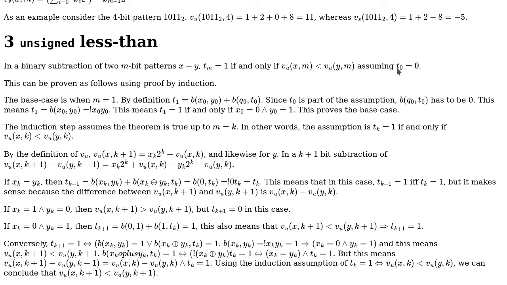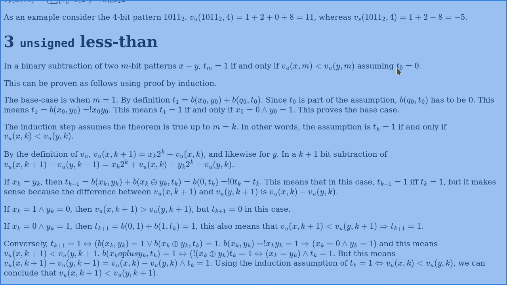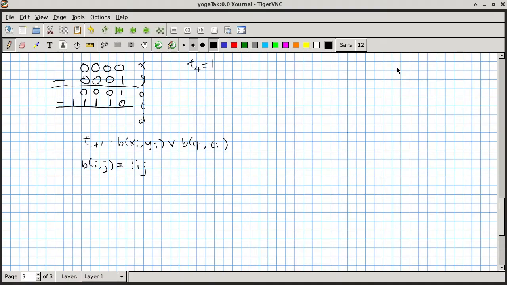So if we switch back to the example here, it is basically saying, the bit pattern of 0, 0, 0, 0, if we interpret it as an unsigned integer, that value is going to be less than the unsigned value of 0, 0, 0, 1.